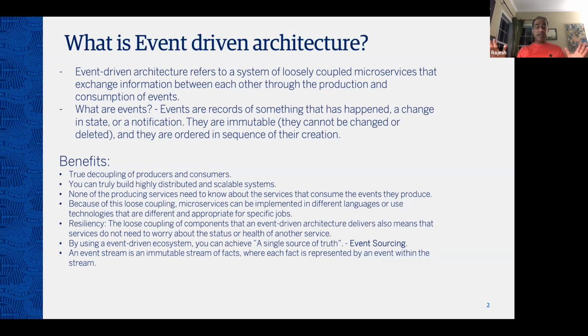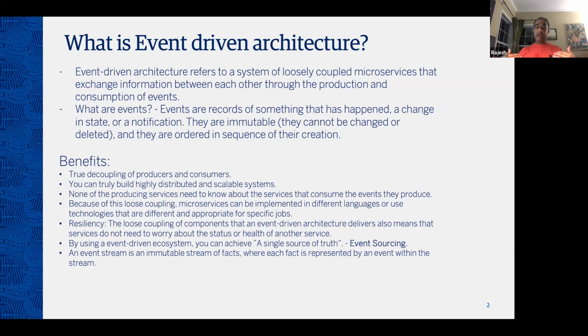So that is the advantage of an event-driven architecture, where you have true decoupling between producers and consumers, and you can build highly scalable and distributed systems where the producing services don't know about the consuming services, and the consuming services don't know about the producing services, right?